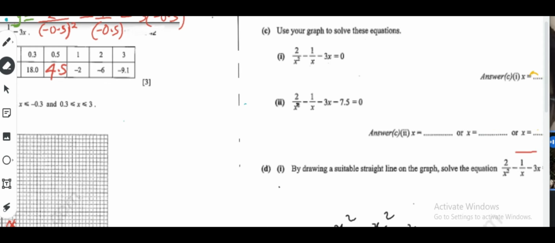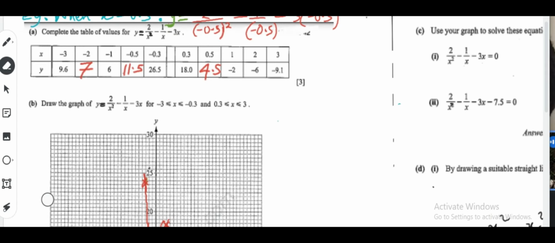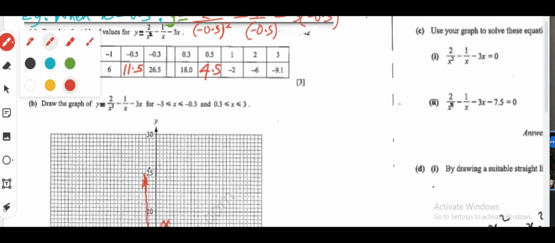Let me erase this so that we do that again. Y equals 0. The reason is everything we have here is the same thing as what we have here. So the y is replaced by 0. So it's draw the line of y equals 0, isn't it? Yeah.